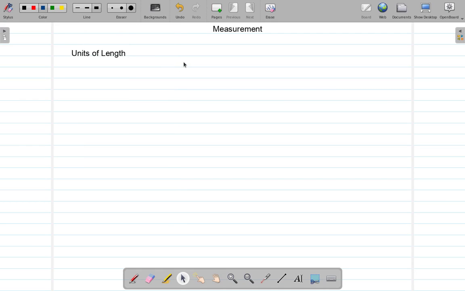Let us look at the topic measurements, and for this video we're looking at the units of length.